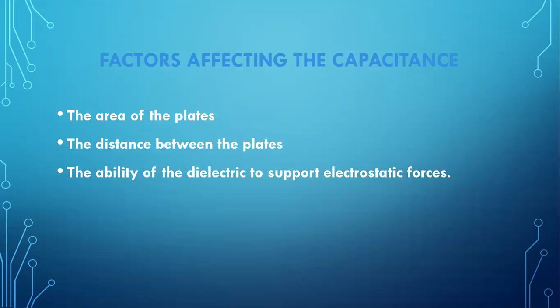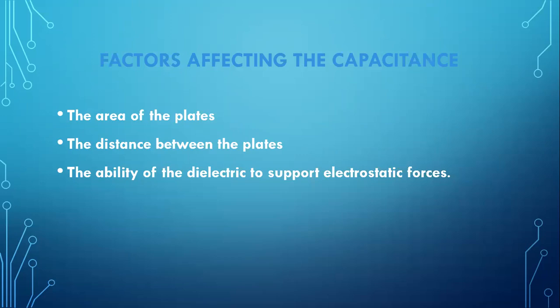Now, let's see the factors that affect the capacitance. There can be various factors that affect the ability of the capacitor to store charge. The following are just a few of the factors. First, the area of the plates.